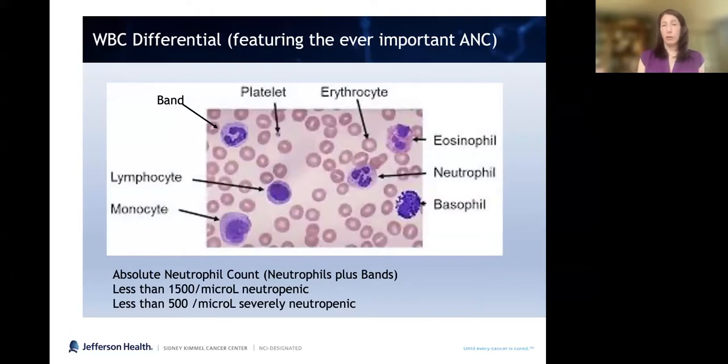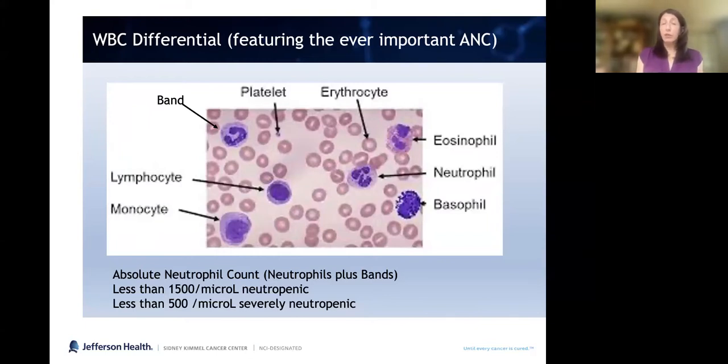And these neutrophils, plus their cousins, the bands, are the cells that are responsible for fighting bacteria. And what I usually say is they're responsible for fixing your boo-boos. So if you have sores in your mouth, they're responsible for healing that, or a cut on your hand. And so that is often where we focus.